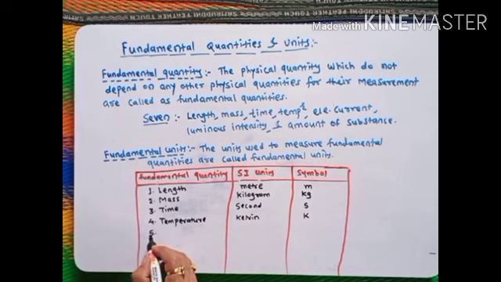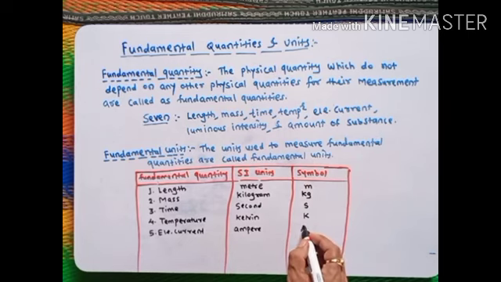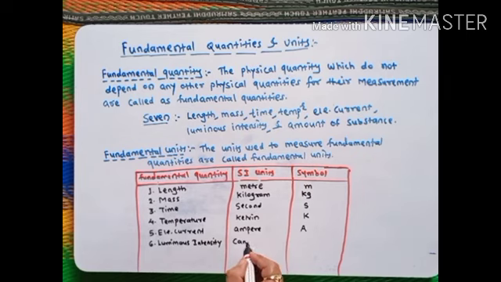Fifth fundamental quantity is electric current. The unit is ampere, symbol A. Sixth fundamental quantity is luminous intensity, measured in candela.